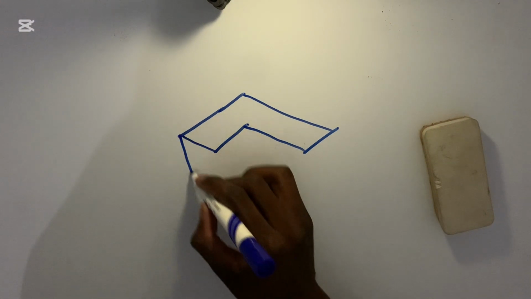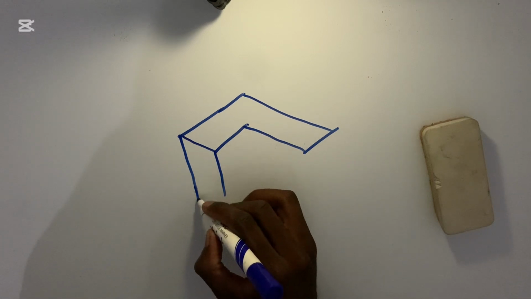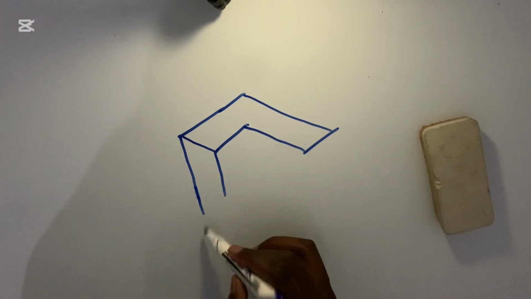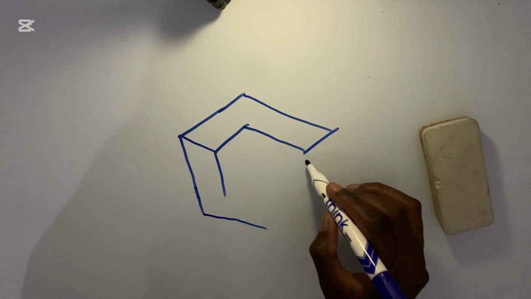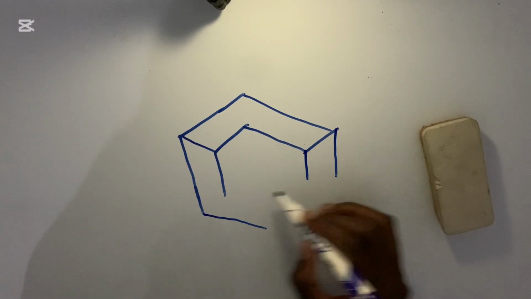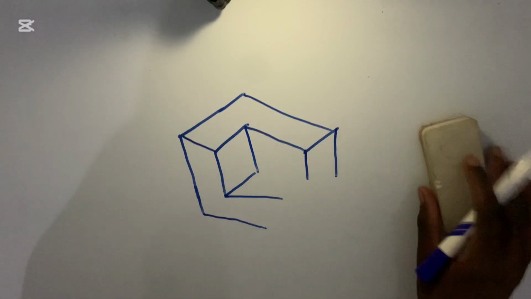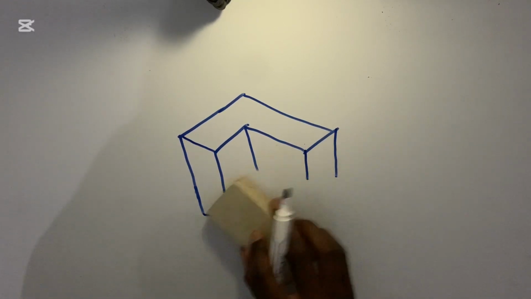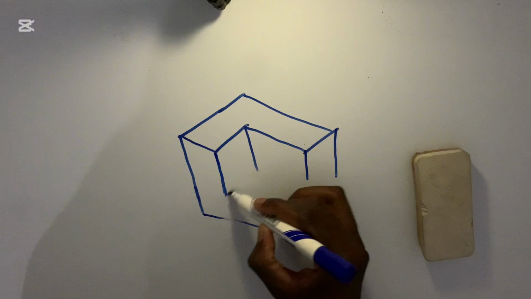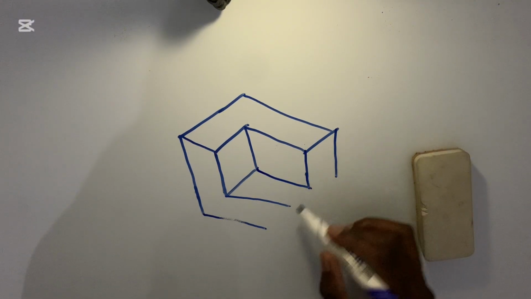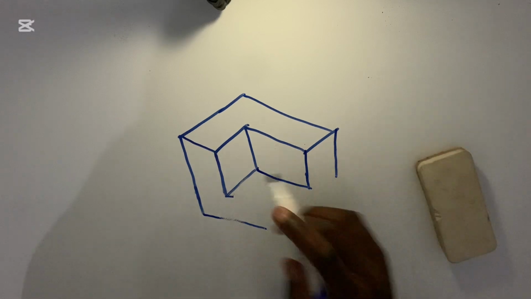So let me try to draw a small diagram, just a 3D one. What I want to show you is how you project the top, the end elevation, and the front elevation onto your plane of projection.